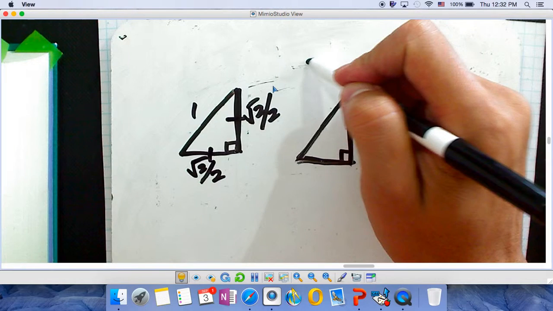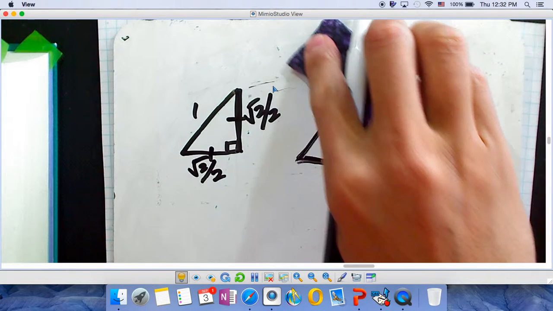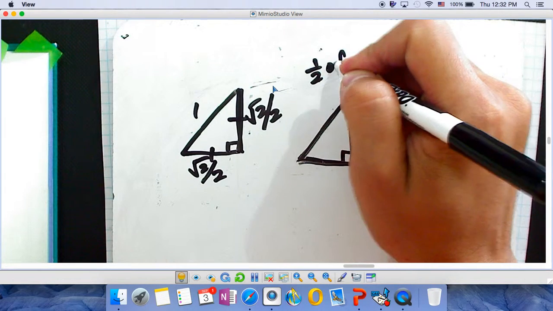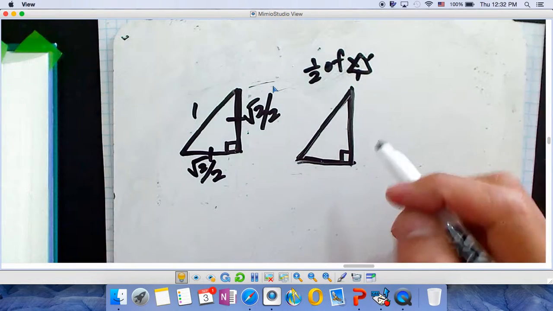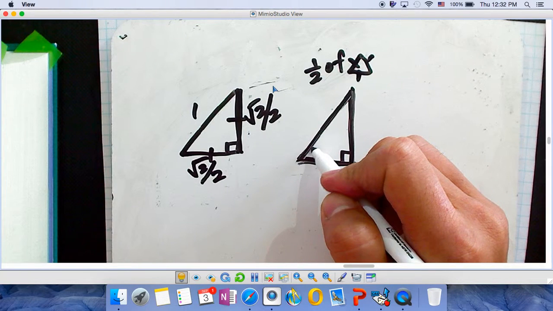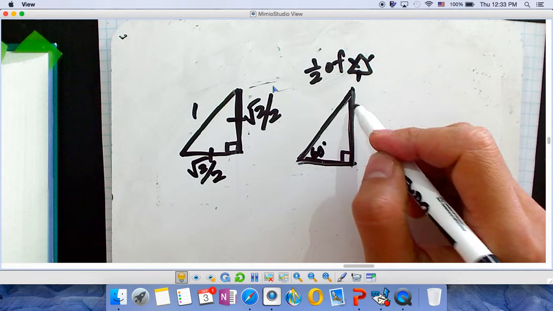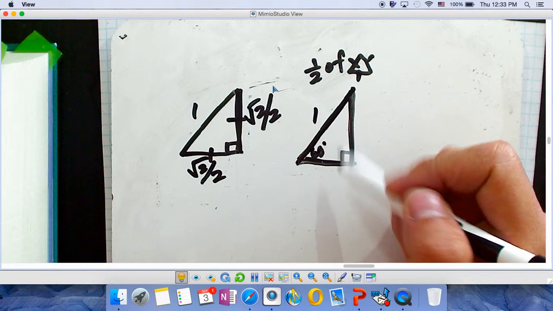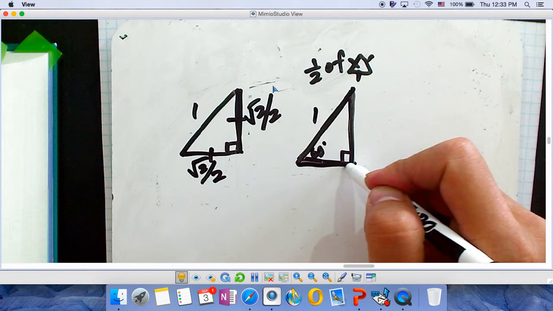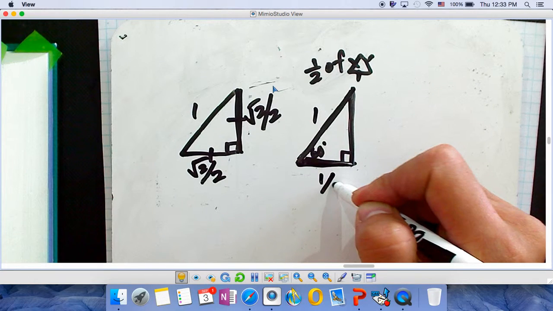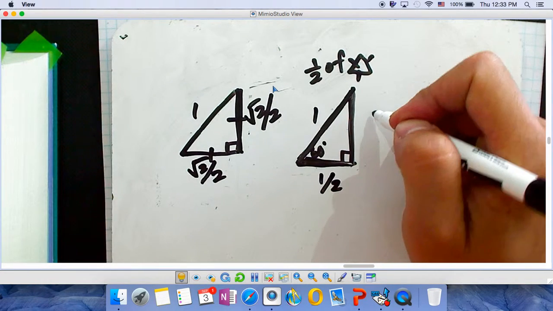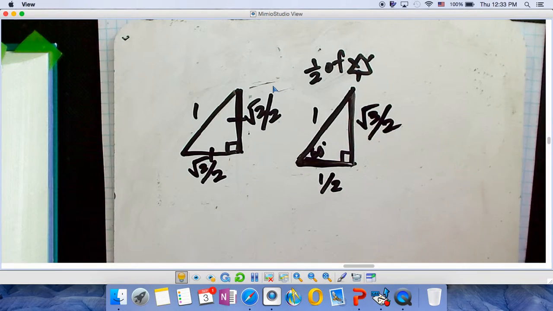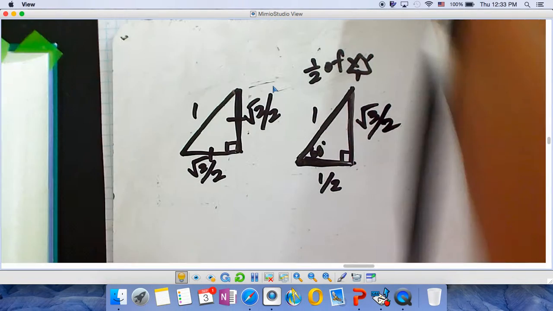For 30, 60, 90 degrees, or half of an equilateral triangle, we have 60 degrees here and 30 degrees, and the radius, which is the hypotenuse, is 1. So the short leg is half, and the long leg is square root of 3 over 2. Keep that in your mind.